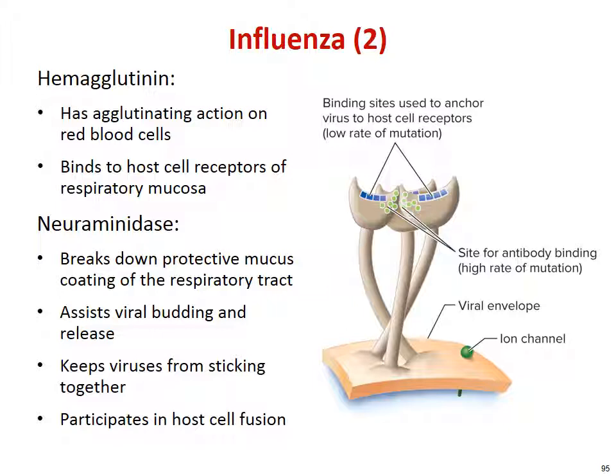But neuraminidase is what's really important in breaking down that mucous membrane, which allows for that penetration. So H and N play a big role in the severity of the disease, and we give the different versions of these numbers. So we have all these different types of flu, like H1N1, H3N6, whatever combination we could see.